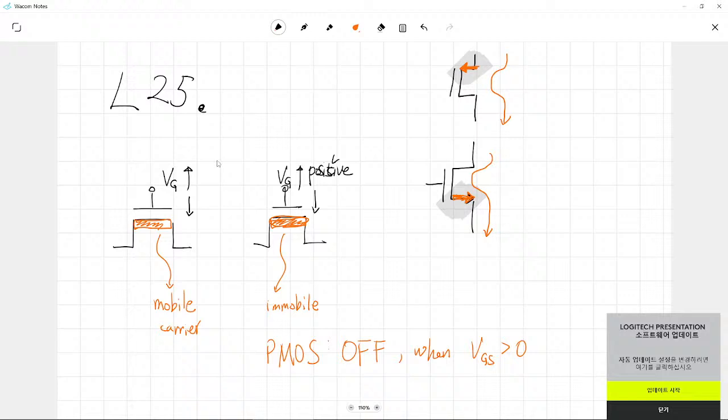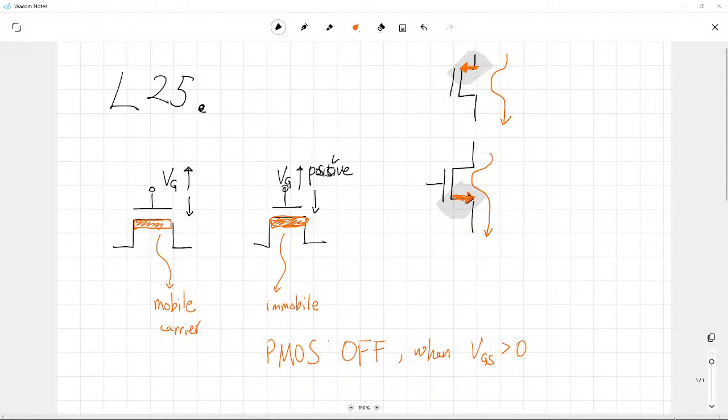In the case of an NMOSFET, we have an arrow escaping from our device, and in the case of a PMOSFET, we have an incoming arrow. Okay, do you have any questions?